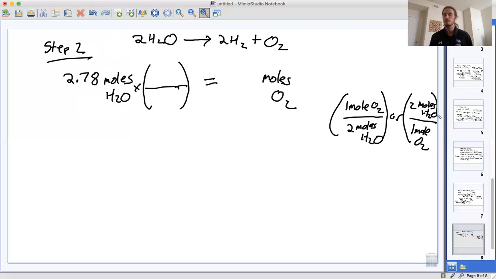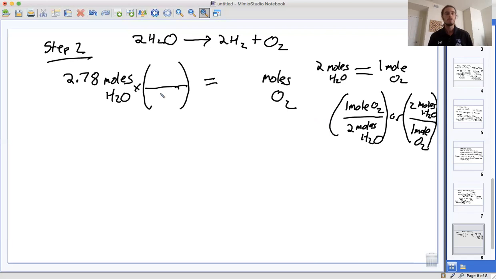That's because 2 moles of water consumed is equivalent to 1 mole of O2 produced.